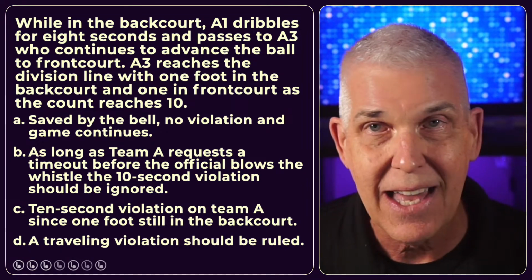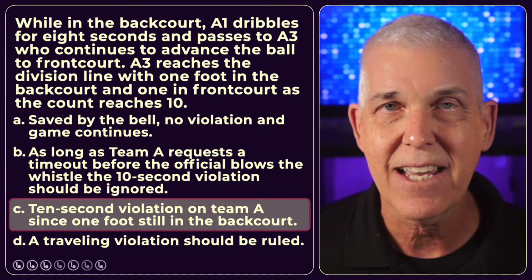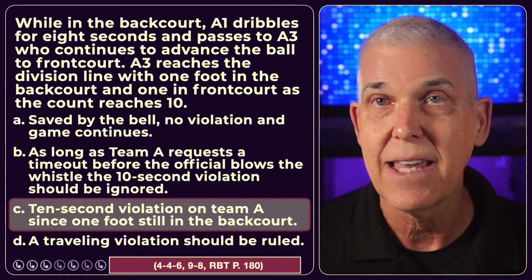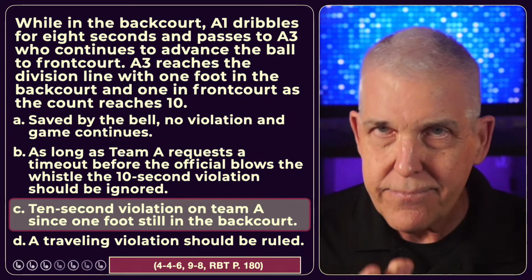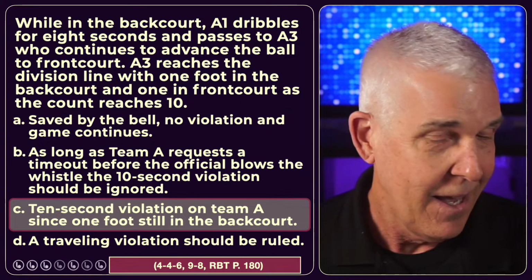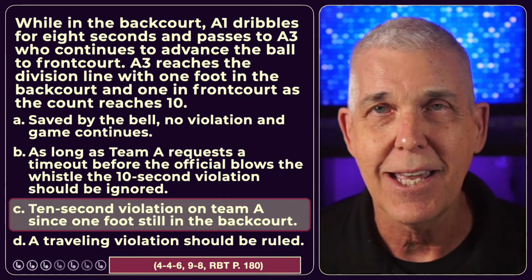So we would have a violation on this play. Our correct answer, C, 10-second violation on Team A since 1 foot is still in the backcourt. Yes, since they had not gained front court status is a more appropriate answer, but that's the answer we have on this study guide question.